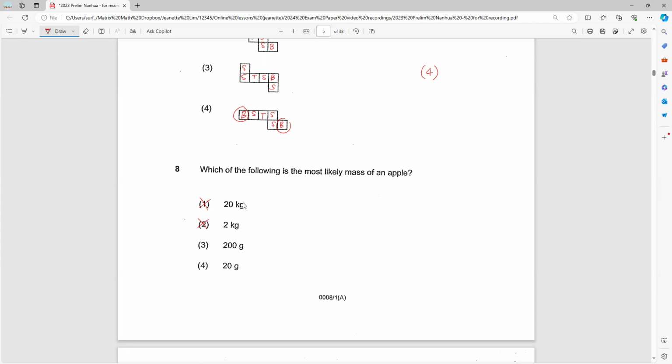Yes. It's the mass of a normal water bottle that is half filled. Then 20 grams, or no, probably too light. Maybe that's like stationery. So the most likely mass will be 3. Okay, 200 grams.